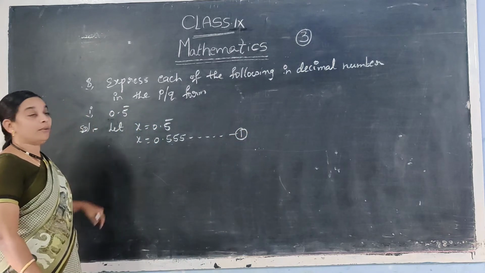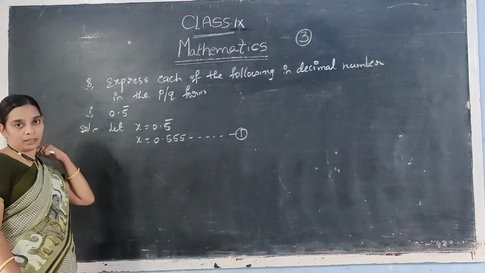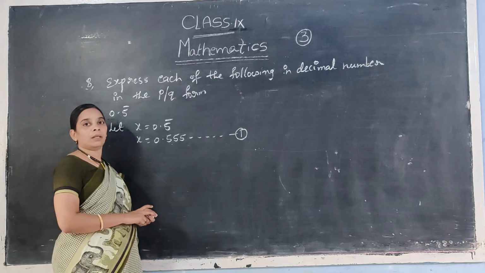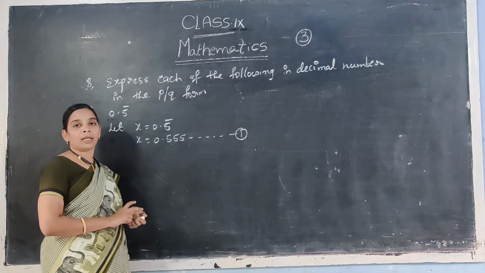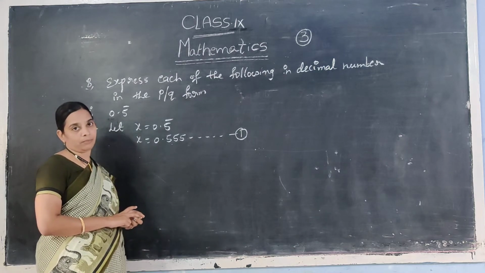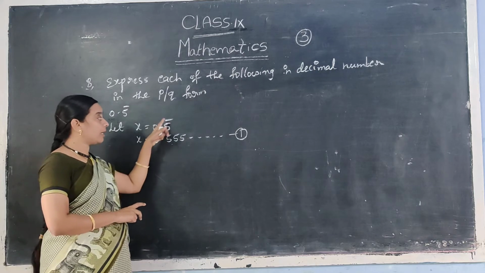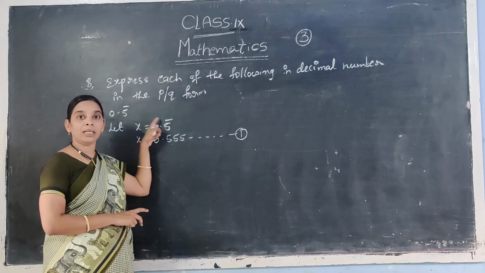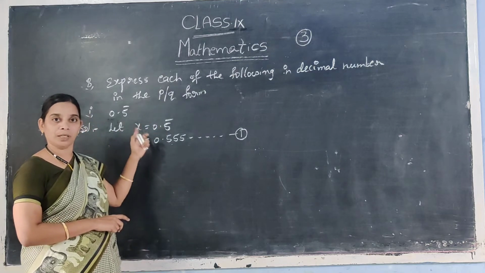After that, everyone knows period and periodicity. What is called period and what is called periodicity? The number under the recurring part is called period. Under the recurring part, how much is there? 5. So period is 5.